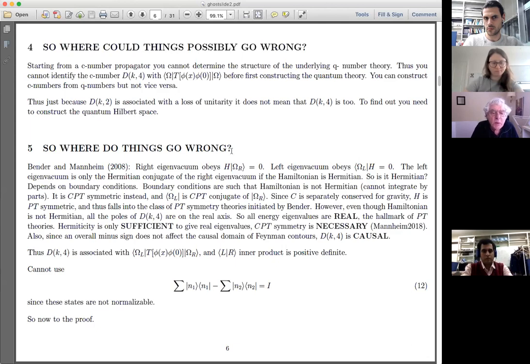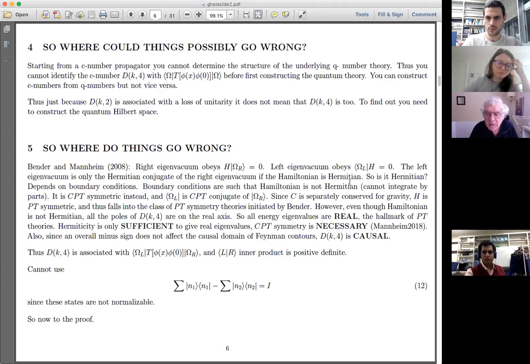So where do things go wrong? Carl Bender and I discussed this point, and we constructed the Hilbert space, and we found the following. You define a right eigenvacuum, which obeys H omega right is 0. A left eigenvacuum obeys omega left H equals 0. Is the left eigenvacuum the Hermitian conjugate of the right eigenvacuum? Answer, yes, only if the Hamiltonian is Hermitian.